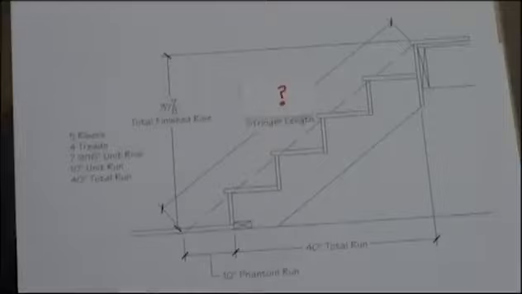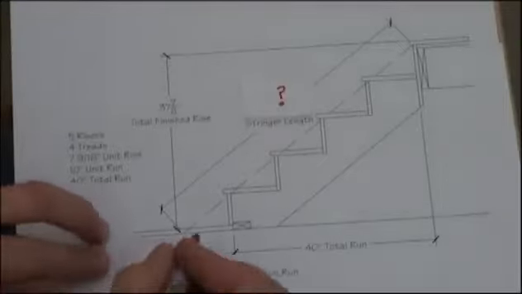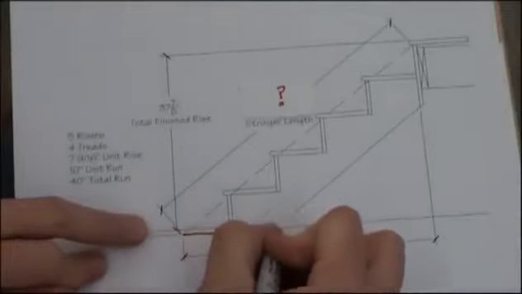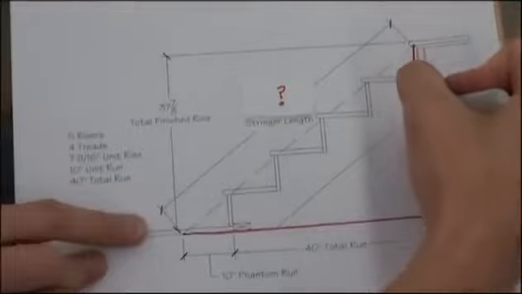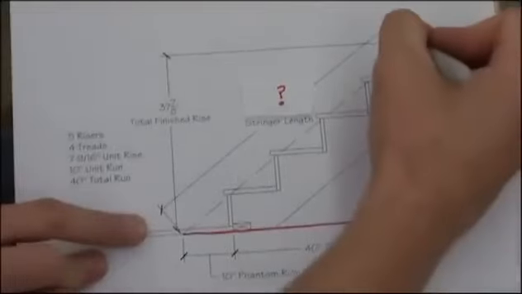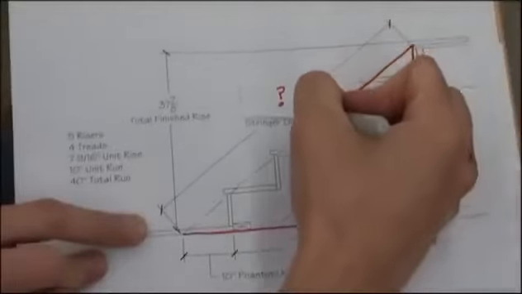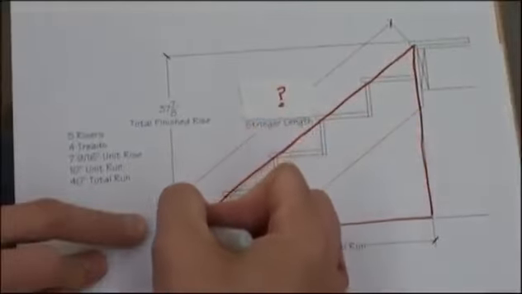As you can see from our drawing here, our stair is a Pythagorean triangle. We have our bottom leg of our triangle, we have our top leg of our triangle, and we have our hypotenuse, or our diagonal of our triangle.